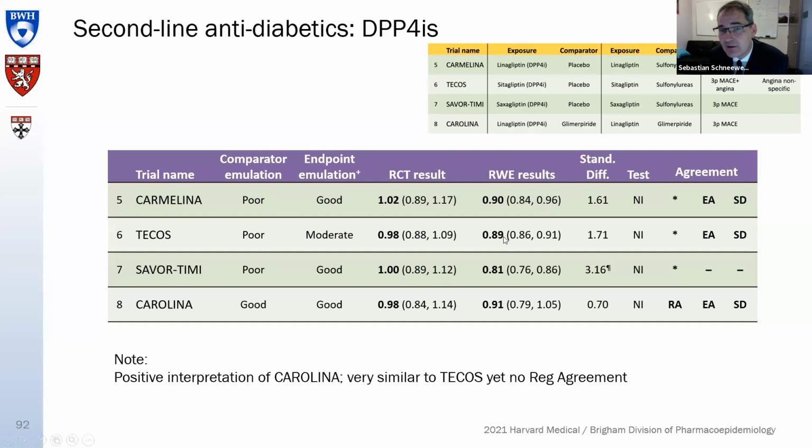It's really quite similar. It just turns out that we have more information in the TECOS trial, and therefore the 95% intervals are tighter than for CAROLINA, which spans 1.0, and therefore we reach this binary metric of regulatory agreement. Right? You see already the issues when coming to simple conclusions that is often difficult to draw for any of these emulation exercises.